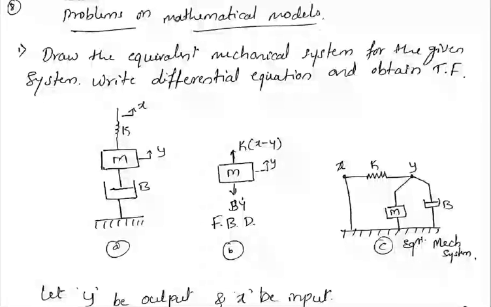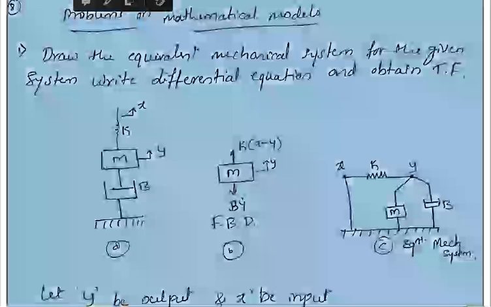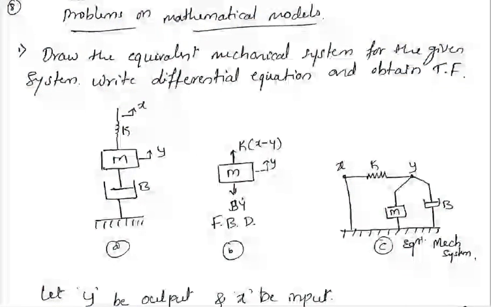Here is the statement: draw the equivalent mechanical system for a given system, write the differential equation and obtain the transfer function. So whenever we ask you to write the differential equation or obtain the transfer function, the very first step is you need to draw its free body diagram.